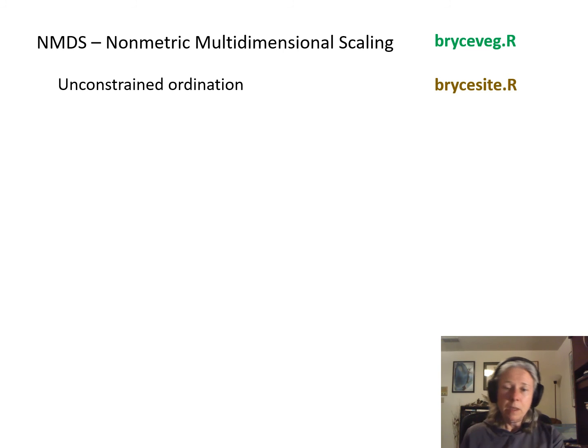But here's another example of this where you're going to have axes that can be used as dependent variables, the axes themselves, not the original data, and then the environmental variables are going to be the independent variables to see how much these influence your ordering of your sites and your species here.